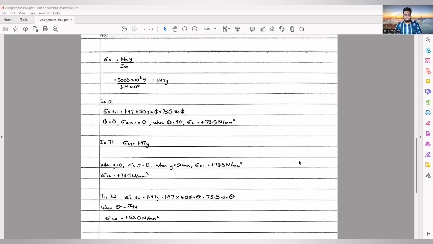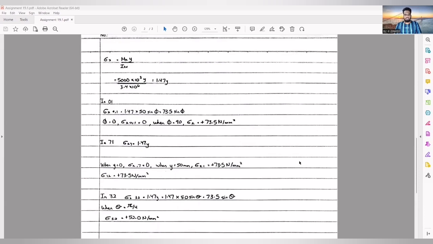In the part from 7 to 1, our direct stress will be 1.47y. When y is equal to 0, our direct stress will be 0. When y is equal to 50 millimeter, our direct stress will be positive 73.5 Newton per millimeter square. By inspection, our direct stress from 1 to 2 is positive 73.5 Newton per millimeter square, and the direct stress distribution in 8 2 and 7 1 is the same.